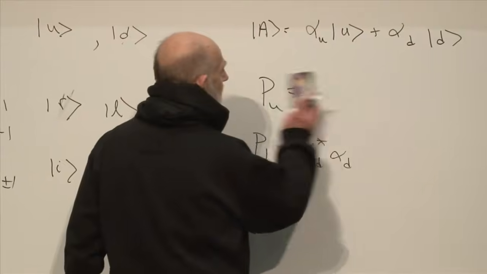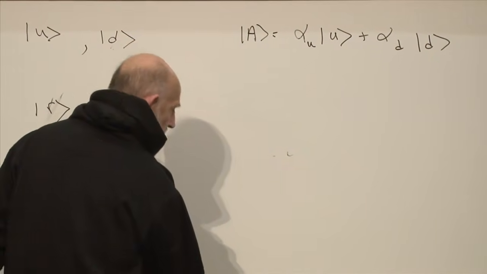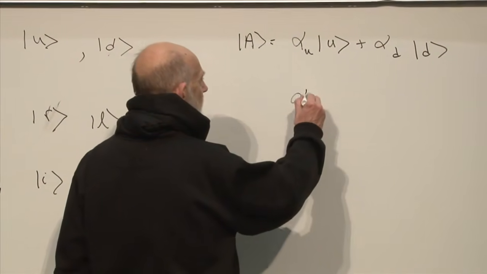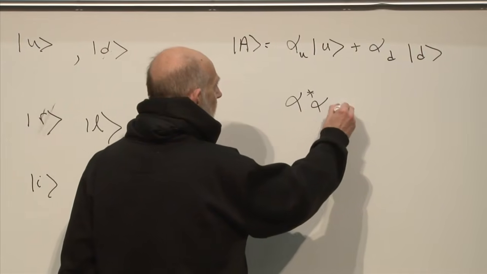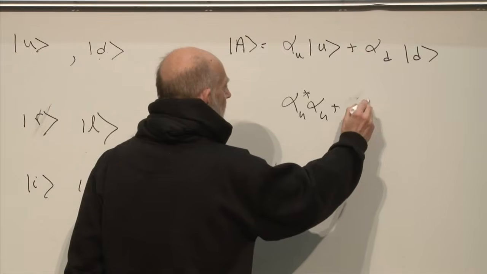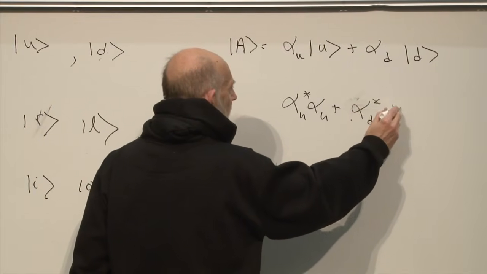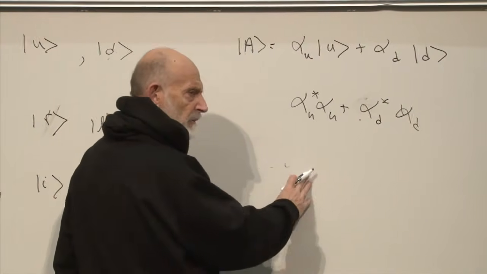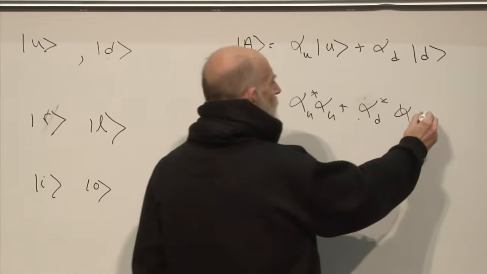And so that says that alpha up star alpha up plus alpha down star alpha down should equal 1.